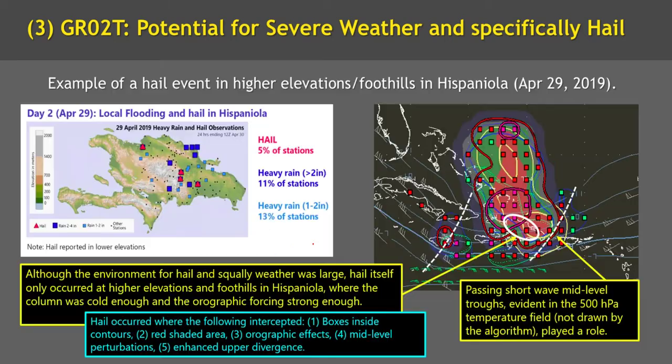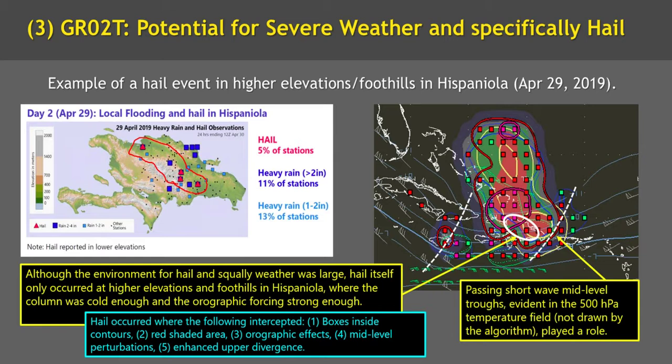Okay, let me go forward to this. This is an example of a case in Hispaniola exactly a year ago. They had this hail event, mostly in the elevated terrain in Hispaniola, but some of the hail reports, which are the triangles, occurred also in low-lying areas in the foothills.